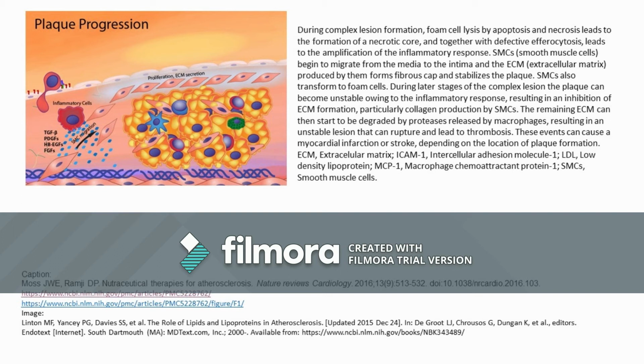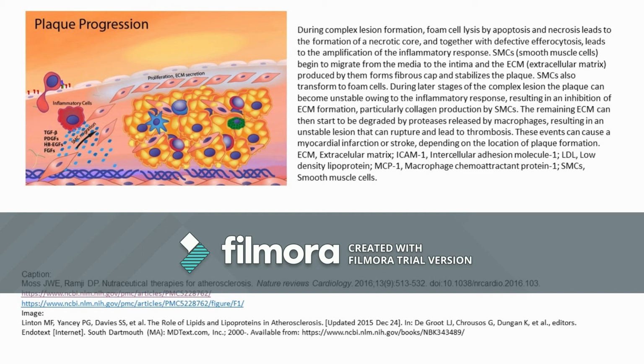During later stages of the complex lesion, the plaque can become unstable owing to the inflammatory response, resulting in an inhibition of extracellular matrix formation, particularly collagen production by the smooth muscle cells.